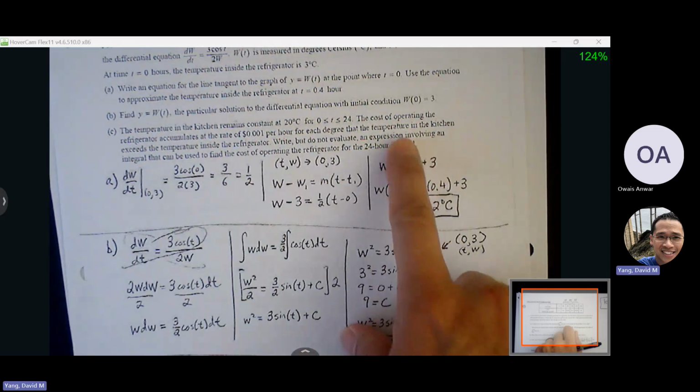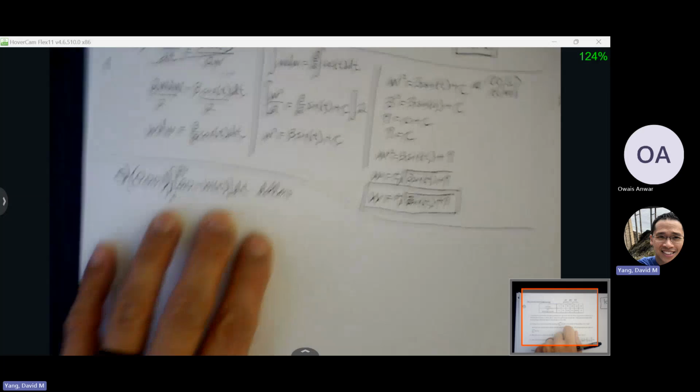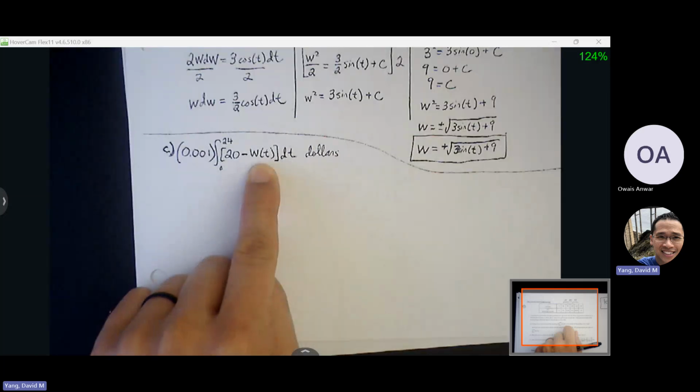The kitchen is 20 degrees Celsius, so W of t is the temperature inside the fridge. Anytime the temperature of the kitchen exceeds the temperature inside the fridge, there's going to be a cost we have to worry about.